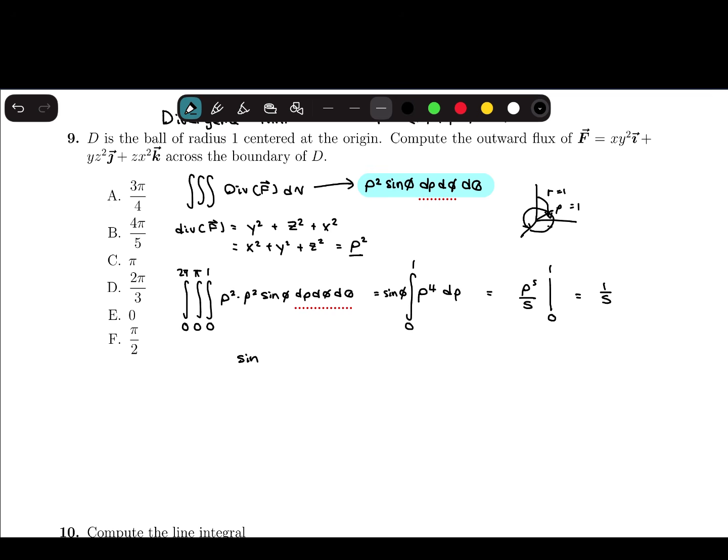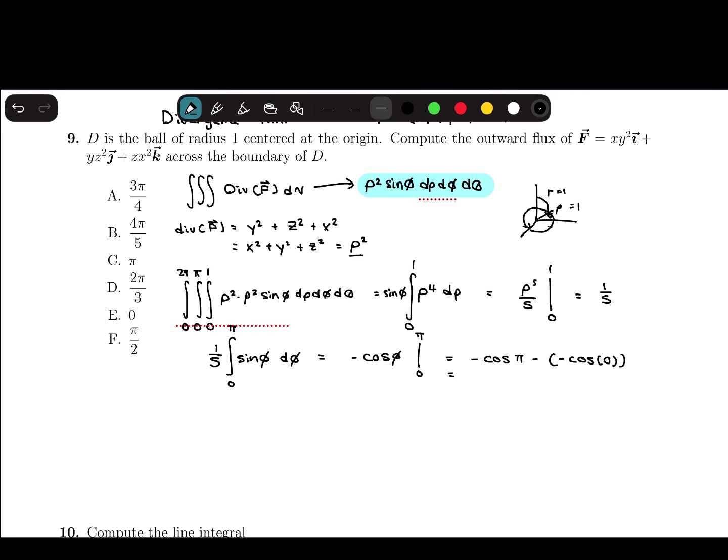Okay, now comes phi. So sine of phi integrated from 0 to pi d phi. I'm going to leave the 1/5 out here. Oh, my bad. The integration of sine is negative cosine. So in this case, we get negative cosine of phi from 0 to pi, which gets you negative cosine of pi minus negative cosine of 0.